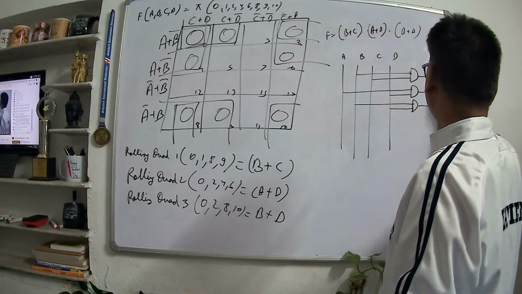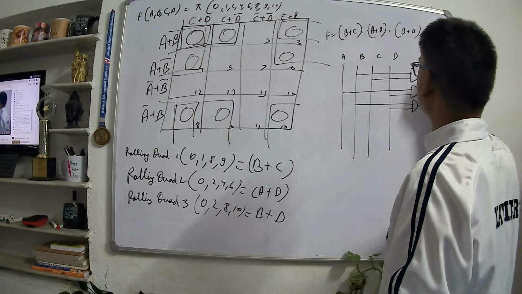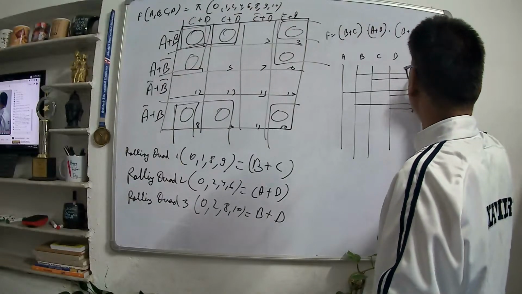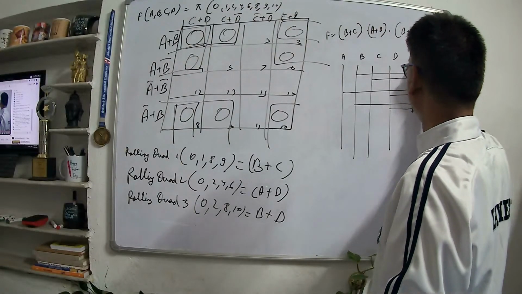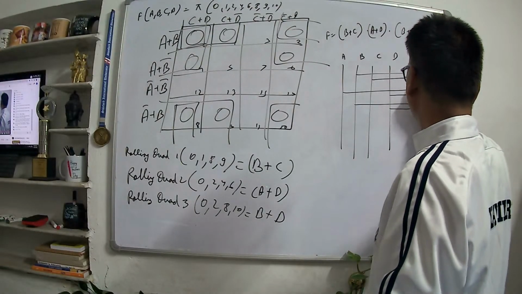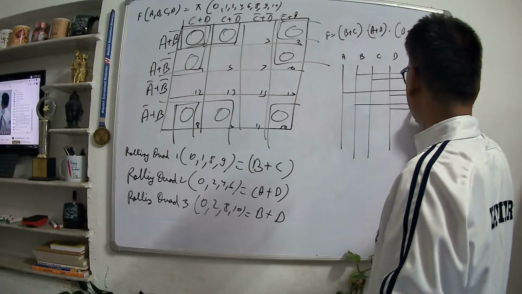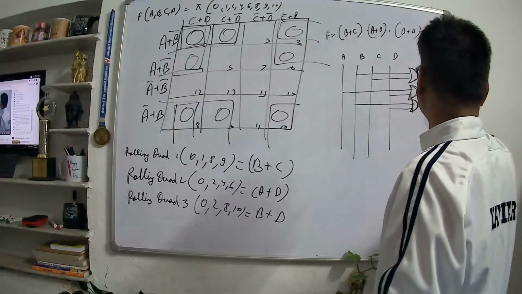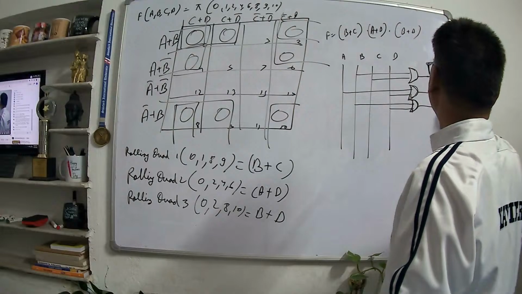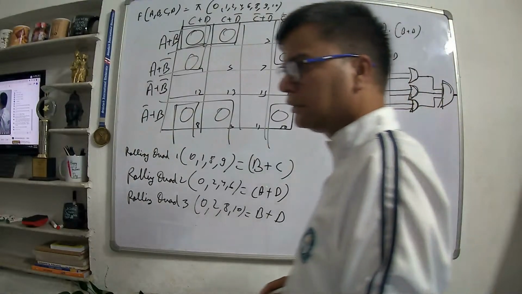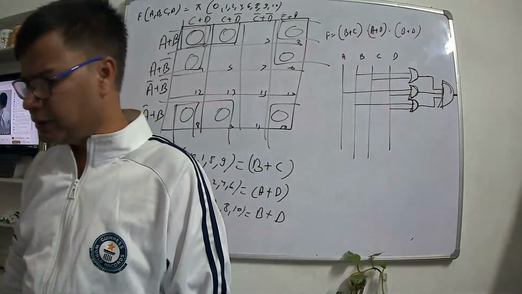Sorry, I did it wrong. This will be the OR gate, right? Yes. This will be an OR gate and this will be an OR gate and these three will be connected to an AND gate, right? I hope it is clear to everyone.